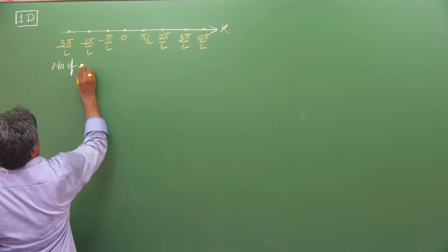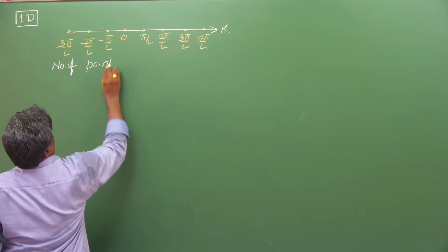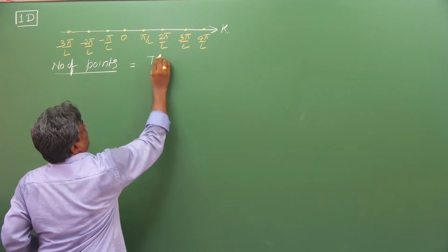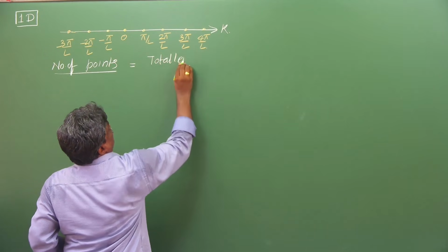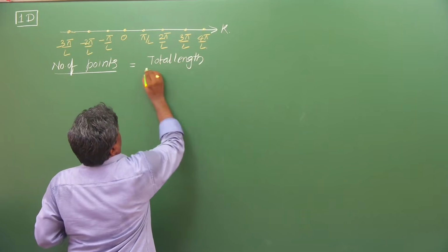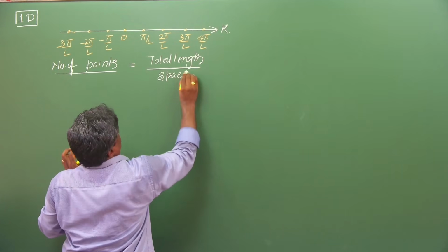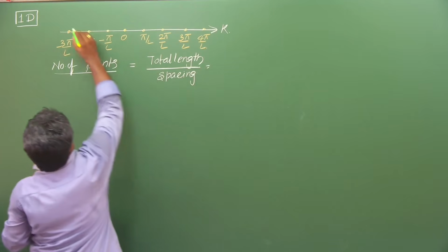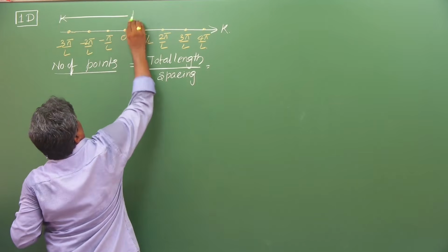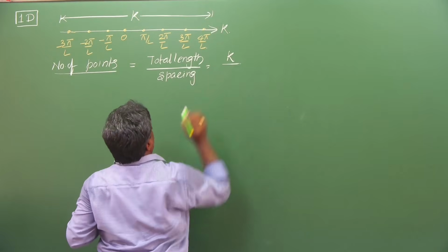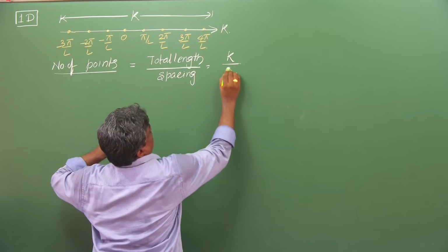To find this number of points, it equals the total length, and luckily it is equally spaced, so total length by spacing. Now I am taking the total length as k, because it is the k axis, divided by spacing. What is the spacing?